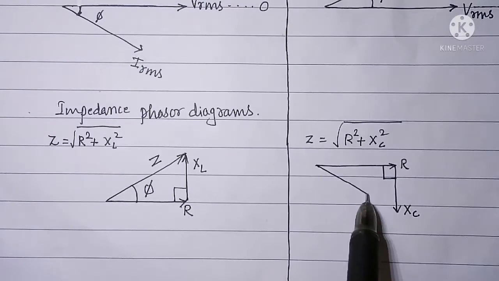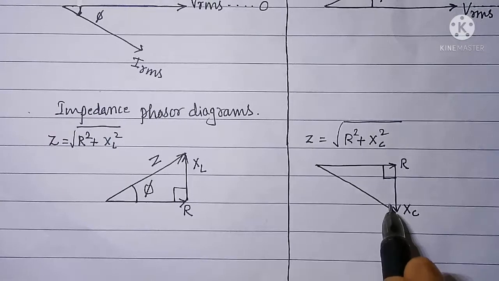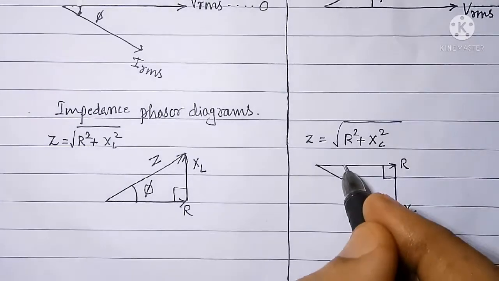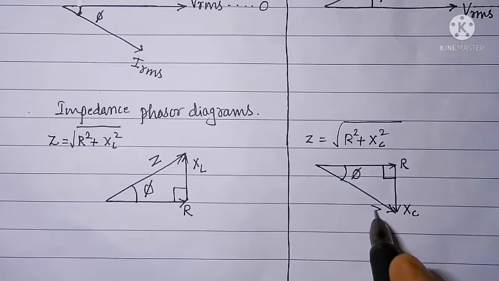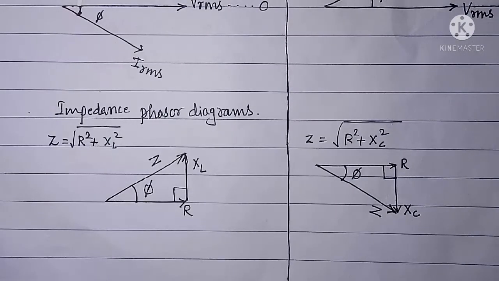And Z is nothing but the hypotenuse phasor and is at phi degrees to R.